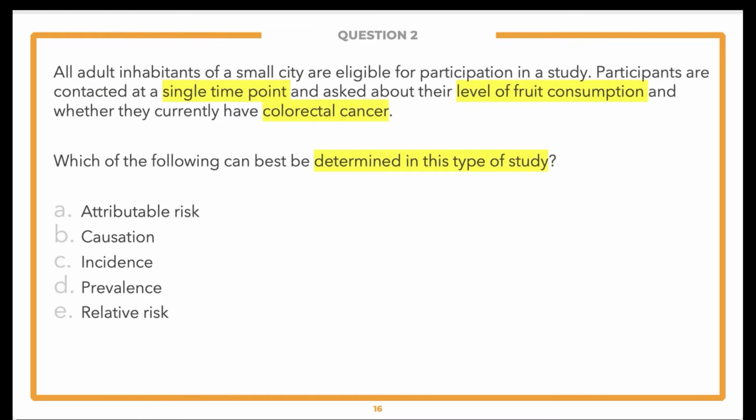It used to be that you would run across a question where you didn't even have to read the vignette. I think that might happen once in a blue moon on Step 1. It is really one of the reasons why you want to read that lead in first, so that you have a framework, a way in, and you've got your antennae up for information that's going to help you answer it.